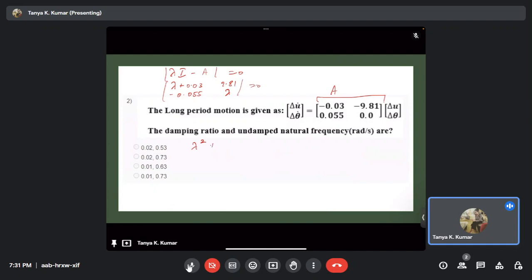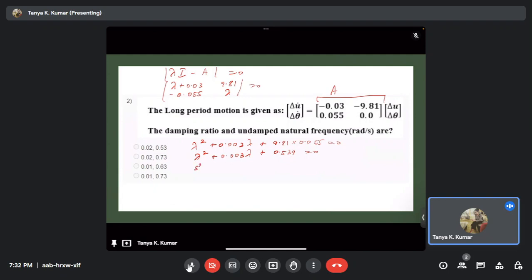So you have lambda square plus 0.03 lambda plus 9.81 into 0.055 equals 0, which is lambda square plus 0.003 lambda plus, can you multiply it and tell me? 0.539 equals 0, correct?